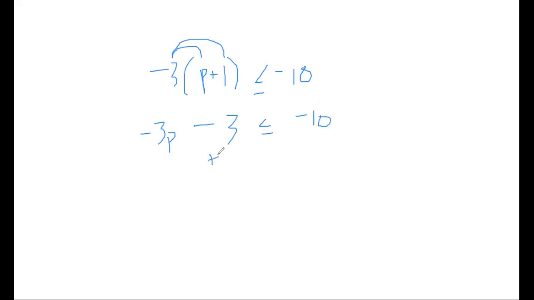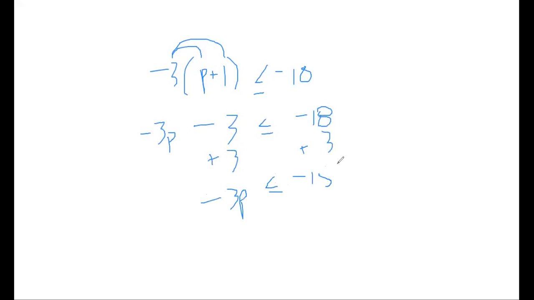I add 3. Oh, 18. Yeah, I can't even read my own writing. Thank you. I'm glad you said that. Add 3 to both sides. Now I get -3p less than or equal to -15.